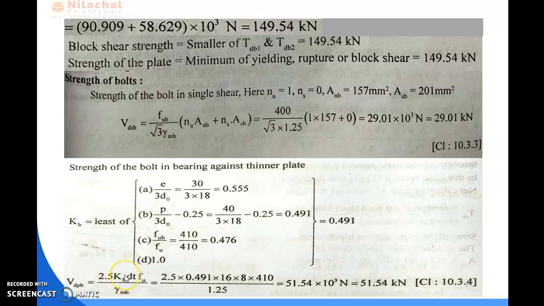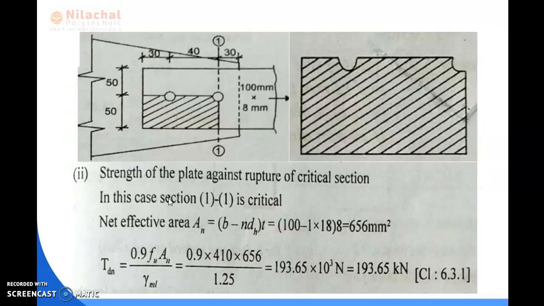For the kb value, it is the minimum value of these 4 portions. So the first formula is e by 3D0. In this figure, the edge distance is given as 30, that is from the center of the bolt to the end of the plate section.